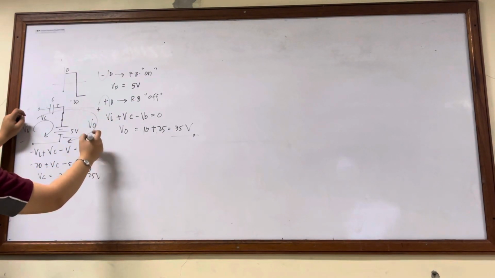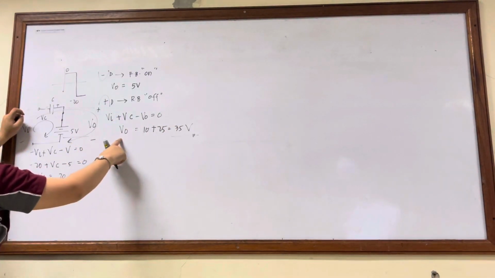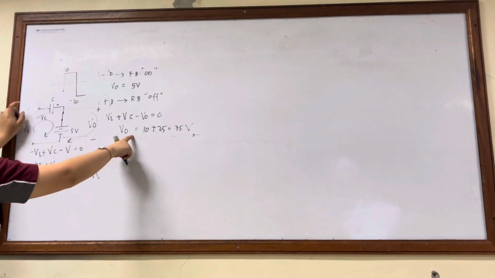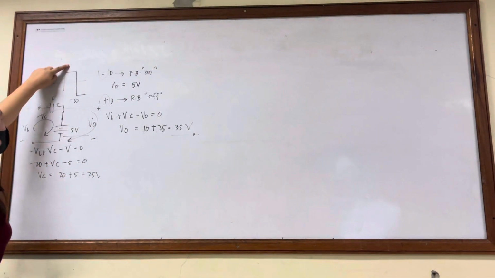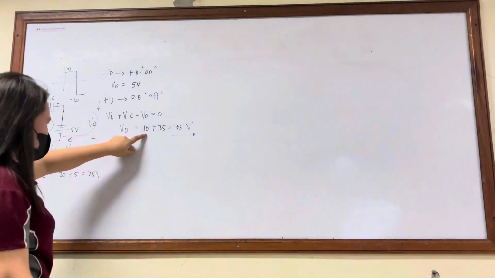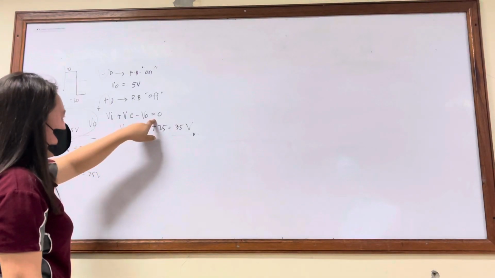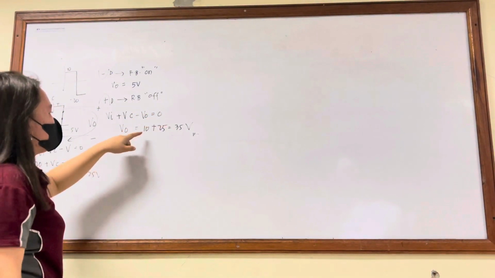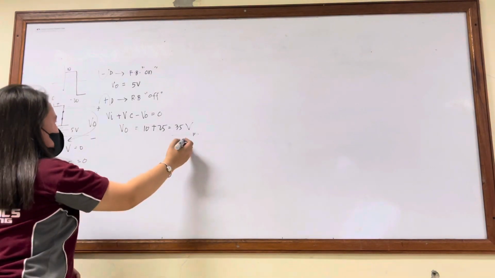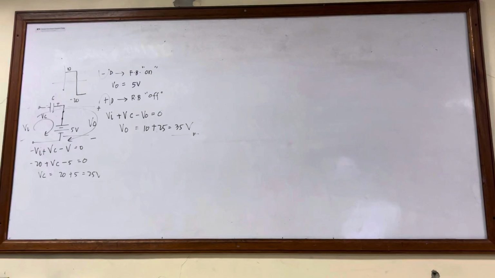Positive, negative, minus VO equal to 0. Now, since VI in positive half cycle is 10, ang VC nga nakuha is 25, minus VO equals 0. Transpose VO, 10 plus 25 is 35 volts. So, at positive half cycle class, it is 35.